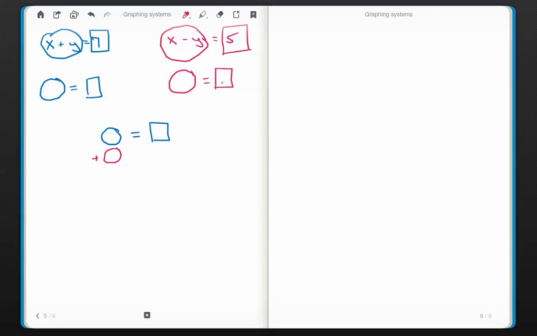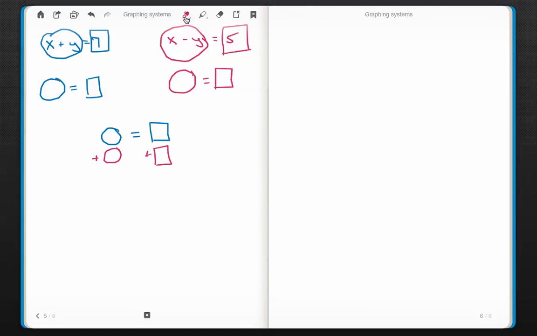But I know that a red circle and a red square are the same. So I could add a red box to this side. I added the same thing to both sides, right? It's like I added a 5 to both sides, or a 9, or whatever. In this case, I actually added a 5 to both sides. And if I add the same thing to both sides, it's got to remain equal.